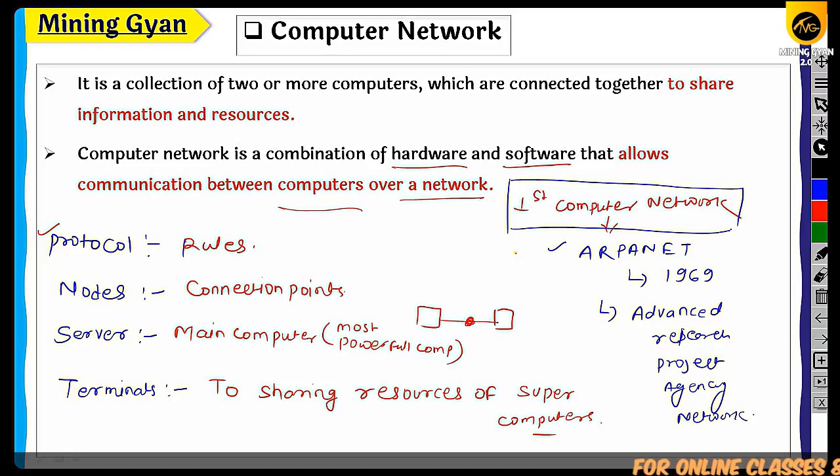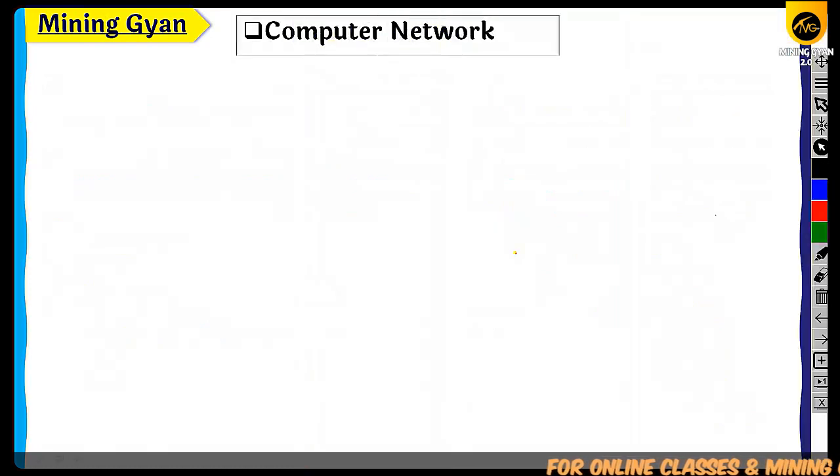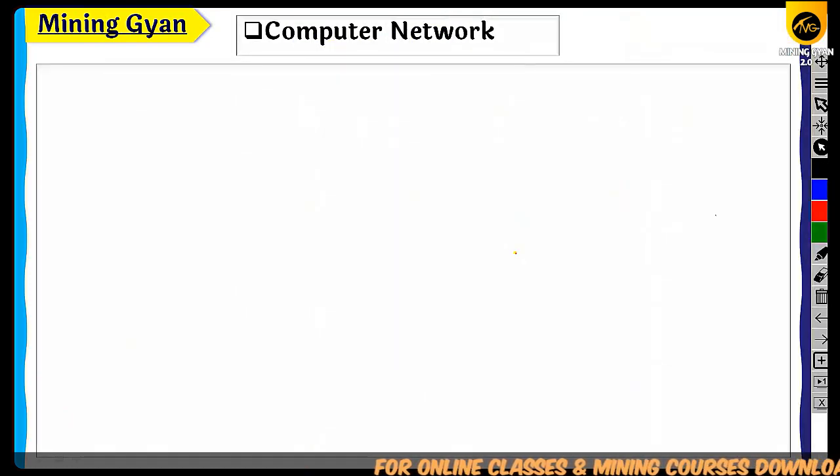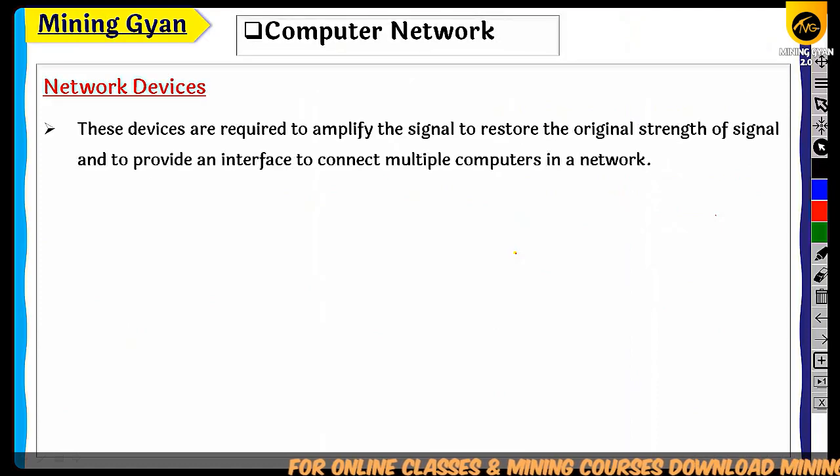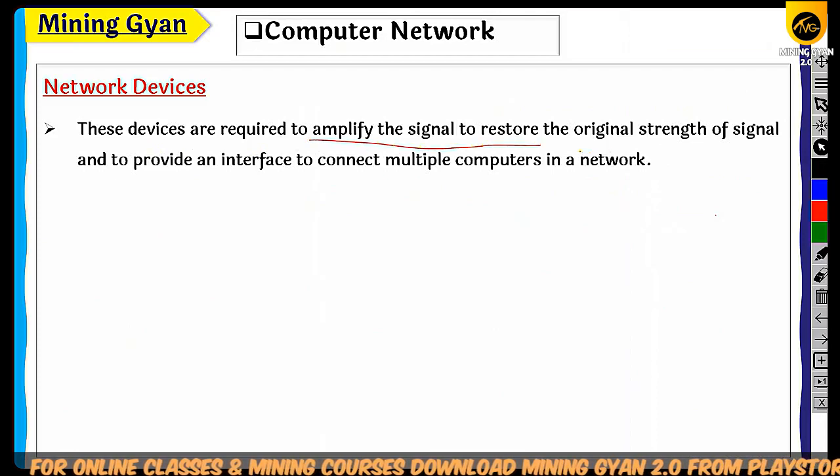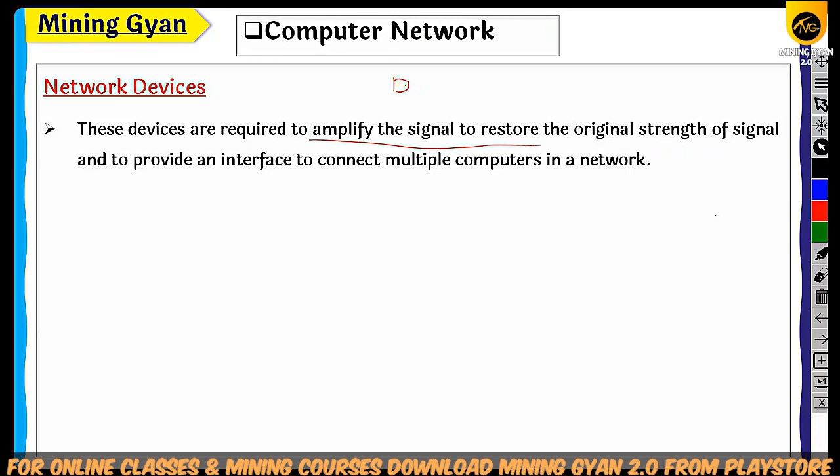Now, some other types of devices are used in computer networks. Okay, what are network devices? These devices are required to amplify the signal to restore the original strength of the signal. Suppose there is some data we need to transfer from sender to receiver.